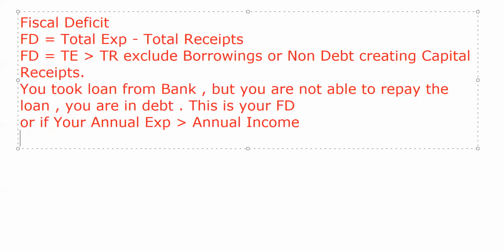Suppose your annual expenditure is rupees 2 lakh, but your income is only 1 lakh rupees. So you are exceeding your expenditure over your annual income. So this will be your fiscal deficit. I hope the concept is clear. What do we mean by fiscal deficit?